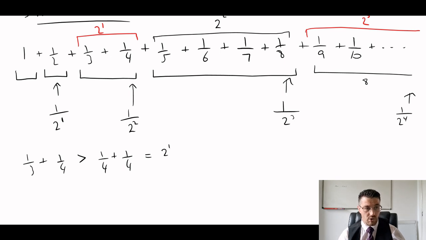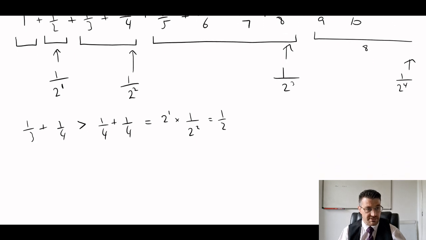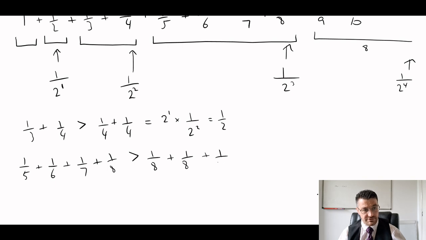Remember, there's 2 to the power of 1 terms, 2 terms, times 1 over 2 squared, which is a half. For the next lot, a fifth plus a sixth plus a seventh plus an eighth is greater than an eighth plus an eighth plus an eighth plus an eighth, which is equal to 2 squared terms in that group, times 1 over 2 cubed, which is a half.